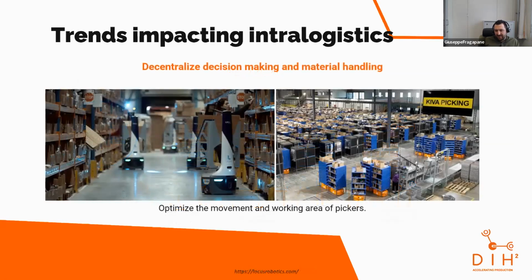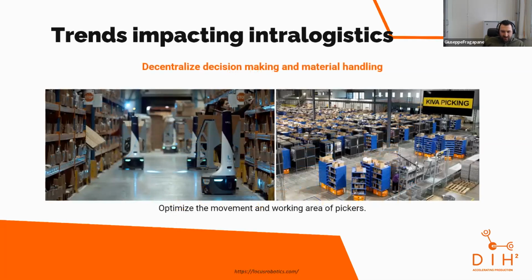Decentralized decision making and material handling. We can see especially in material handling at the moment, when you see these AMRs, the autonomous mobile robots, that we outsource the navigation. So the sensors, the technology is now at quite a good maturity that we leave it alone and say, you decide how to move, you find the way better than one centralized computer.